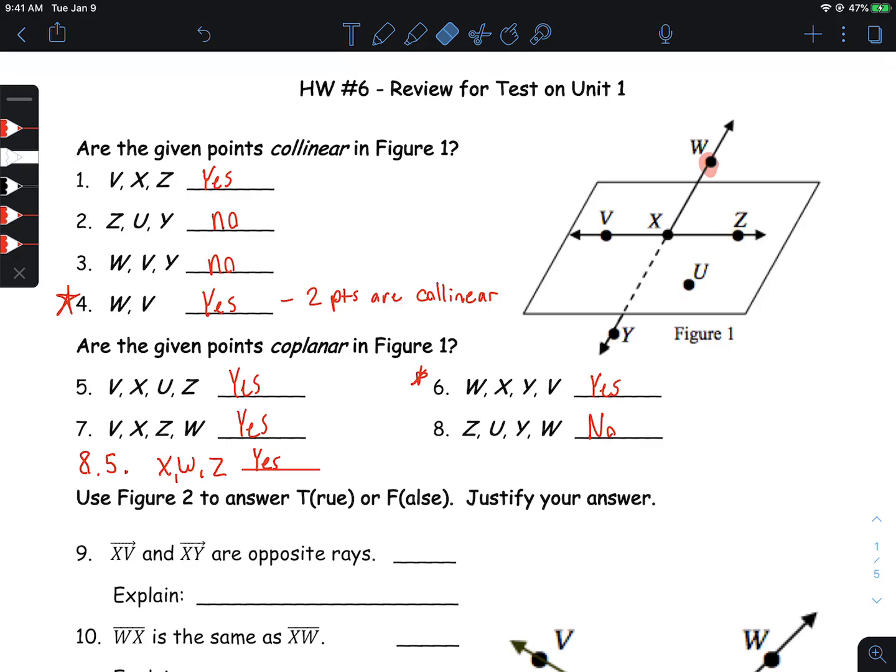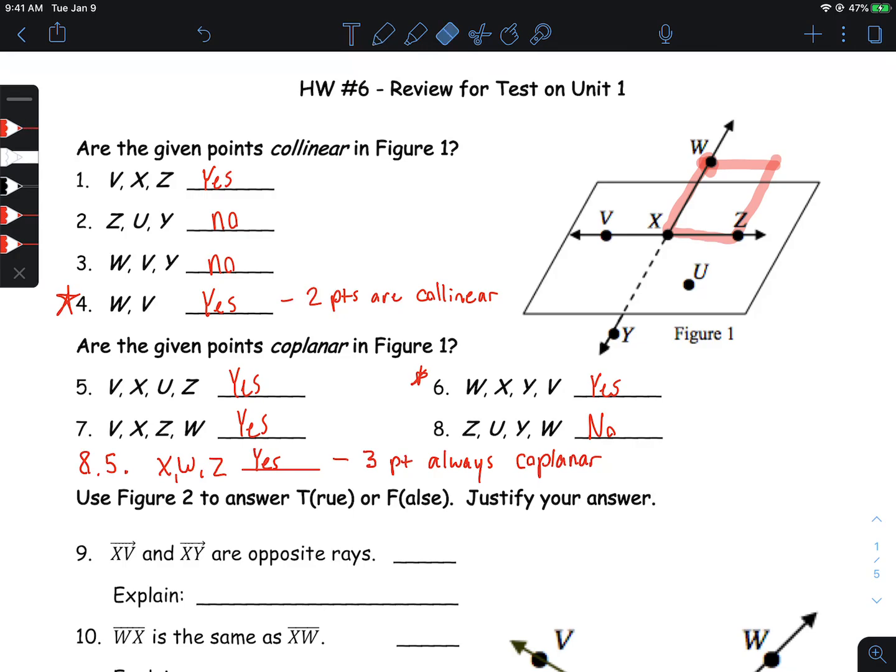And that's kind of similar to the reason why 2 points are always collinear. Any 3 points, you could always get a plane to hit 3 points, no matter what angle or direction those are facing. So with that one right there, I'm going to say yes, and I'm going to add myself a note. 3 points are always coplanar.